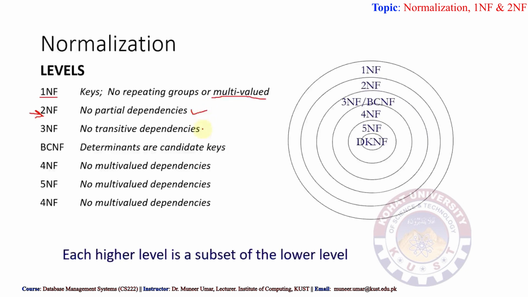Then in third normal form, we will look into the transitive dependencies, and in BCNF, Boyce-Codd normal form, the determinants will be checked and we will check the candidate keys, and in the rest of the normal forms we will check the multi-value dependencies among the attributes. In today's lecture, we will study first normal form and second normal form only, and the rest would be studied in the coming lectures.